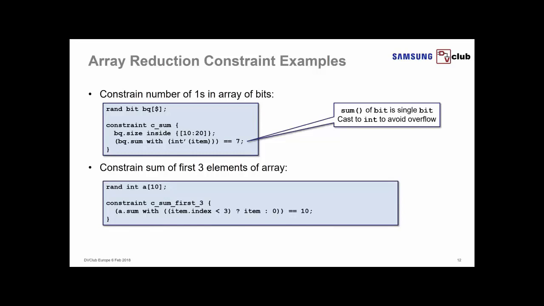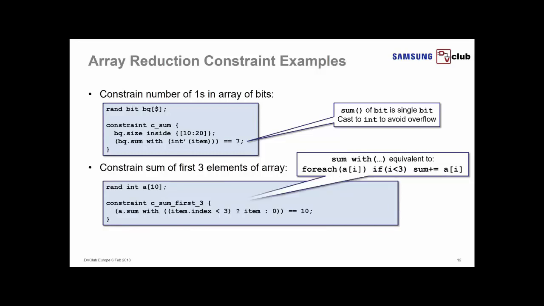Here's a little more elaborate example. I want to sum up just the first 3 elements of an array. So I can use the sum with expression again, and here I'm using the item.index variable. If the index of the array element I'm summing is less than 3, then I want to add the item, the value of the array element.